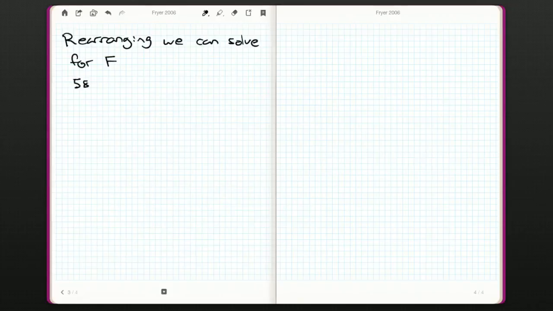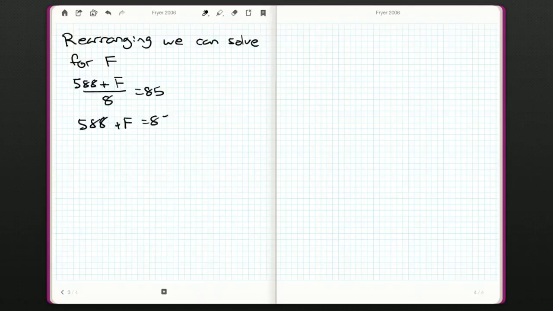So 588 plus F. Make that F as clean and neat as possible, because I do post these notes online.